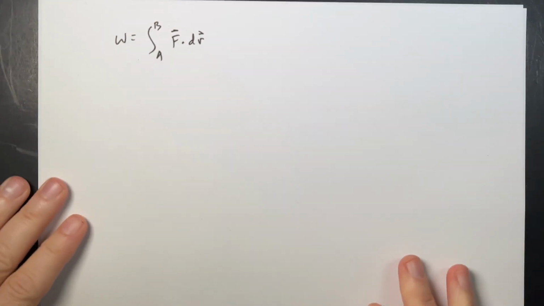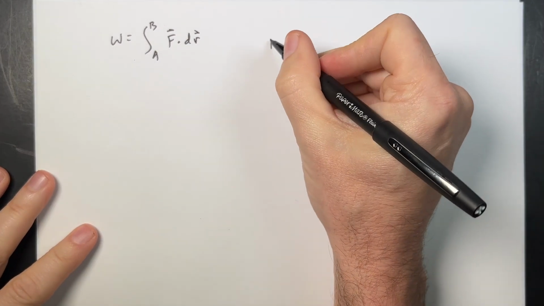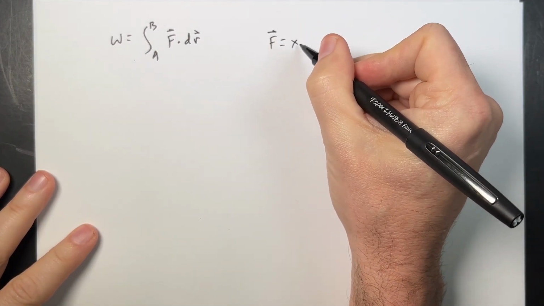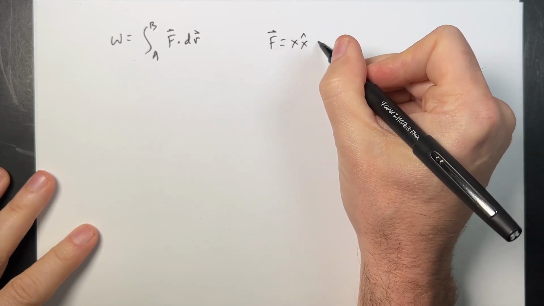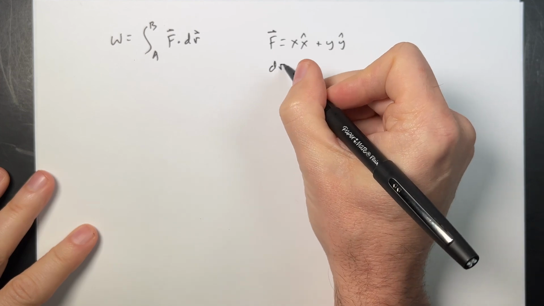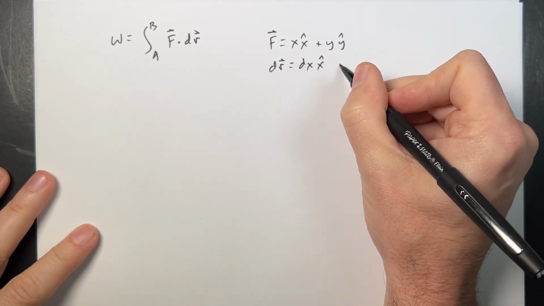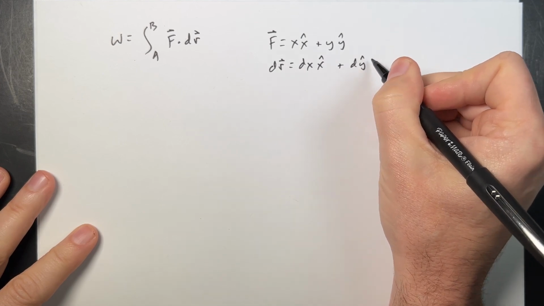Now, in the normal world of not using a computer, I can say the vector f is x hat plus y hat, and the dr vector, dr is always in Cartesian coordinates, dx x hat plus dy y hat.